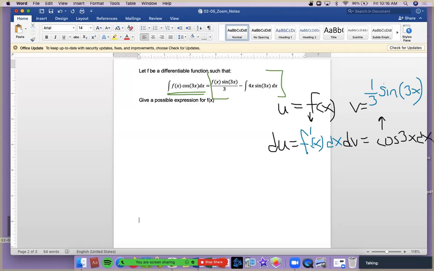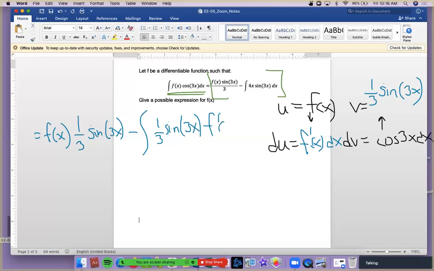So let's assemble this using integration by parts. There you go. I think that's as far as you can go.